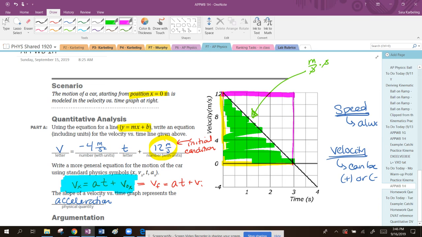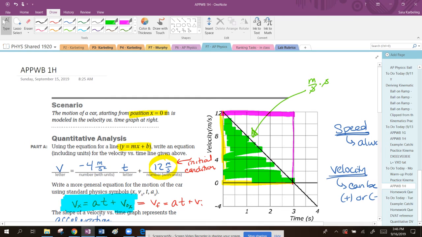How do you find the average velocity? Negative 6. What is the car's average velocity? Hold on, guys, I want you to be smart, but I don't want you to be sassy, but I want you to think about it. If it starts off going 12 meters per second, and it ends up going 0 meters per second, what's its average velocity?